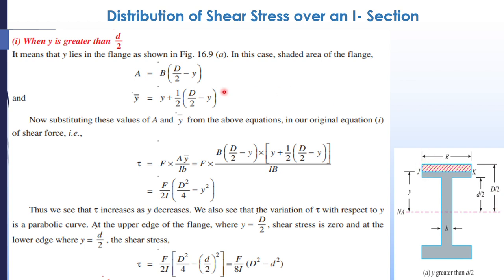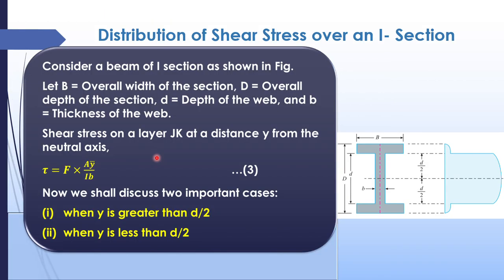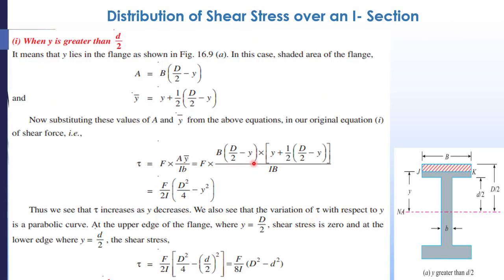So (D by 2 minus y) the whole by 2, plus y, is y bar. So you got A and y bar. You are providing the value of A and y bar in our general equation, and you will get the final answer as F by 2I into (D square by 4 minus y square).